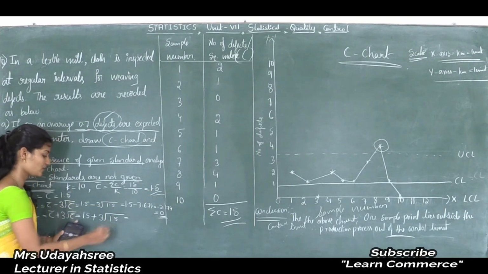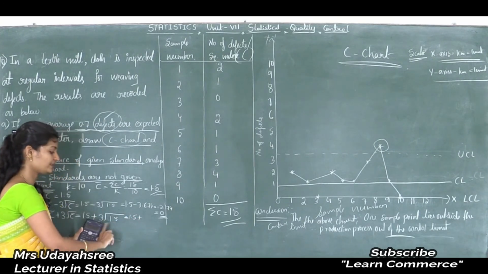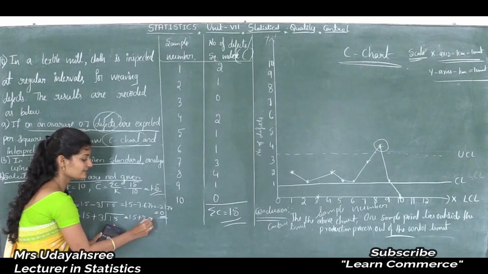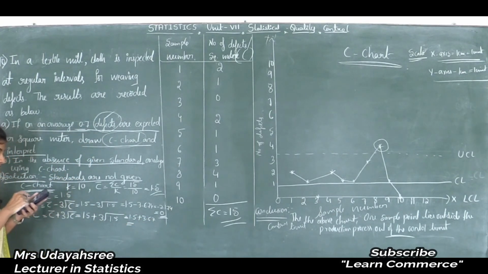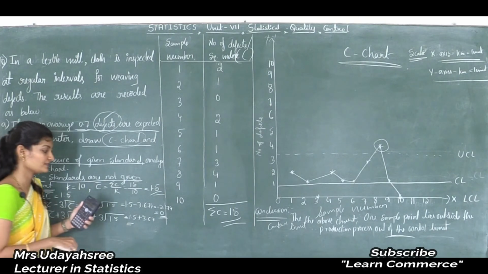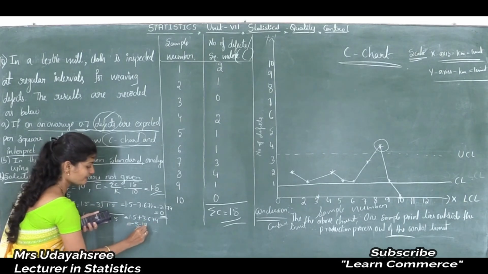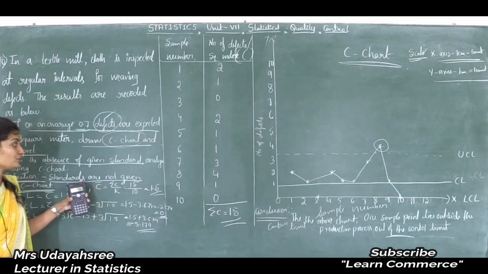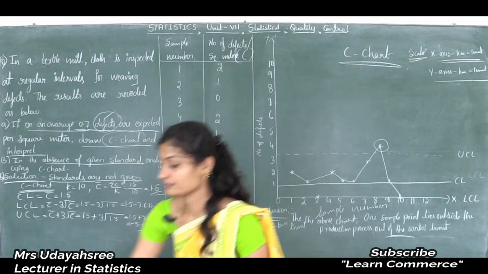So this is equal to 1.5 plus 3 into square root of 1.5, that is 3.674, and this is equal to 1.5 plus 3.674, which is 5.174. Now I will draw control chart for these control limits like this.